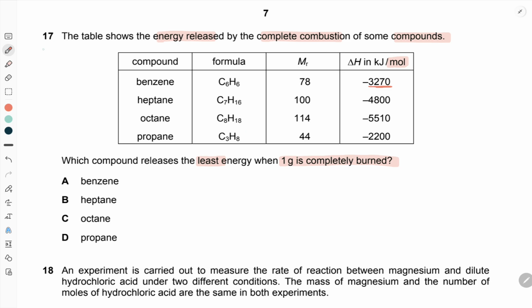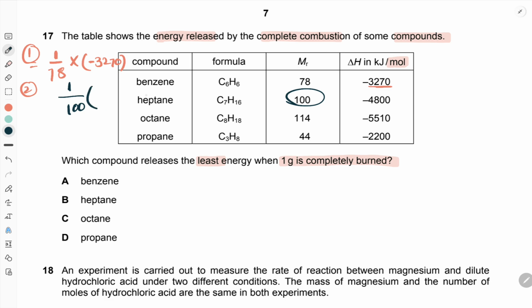So for benzene, since we have 1 gram and the Mr is 78, you will multiply by 3270. This is for option 1, benzene. For option 2, the mass is again 1 and the Mr is 100.